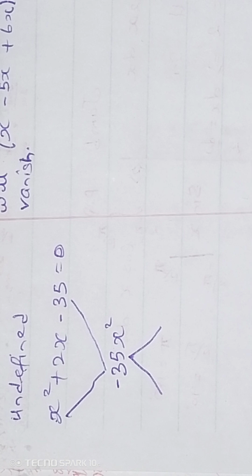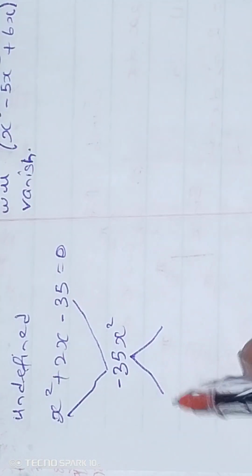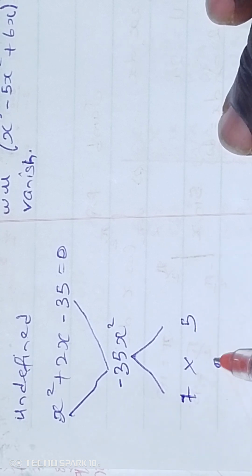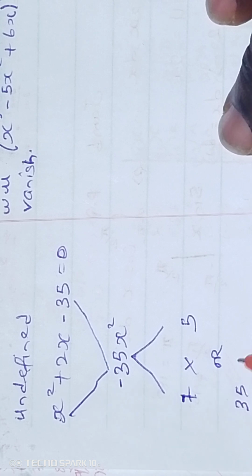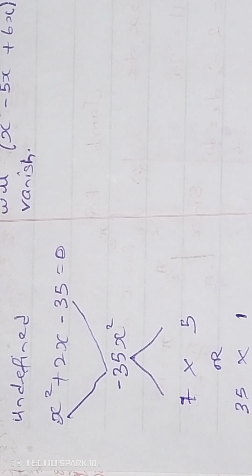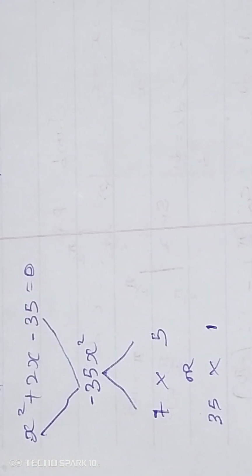The factors that can produce minus 35x squared on multiplication are 7 times 5 and also 35 times 1. But to decide whether to use 7 times 5 or 35 times 1, there is another determinant we need to consider that will tell us which to use.